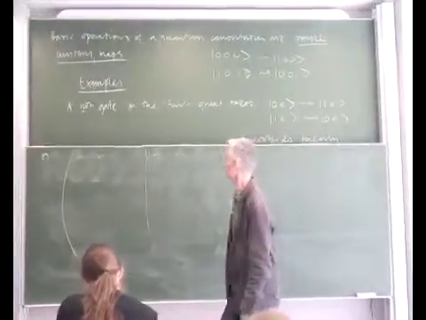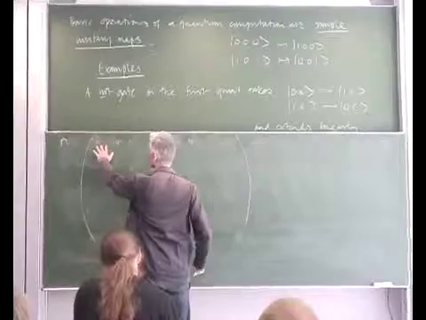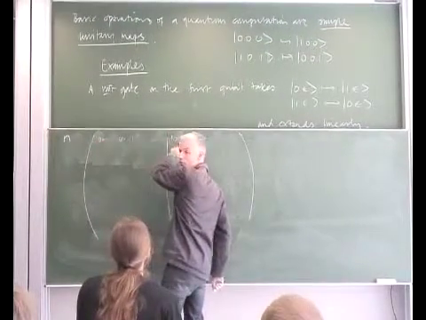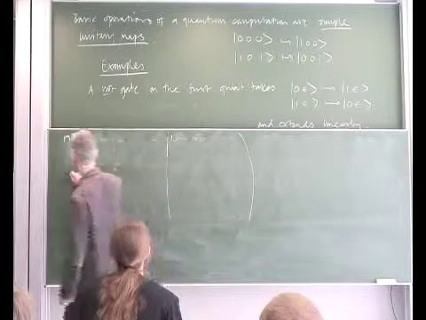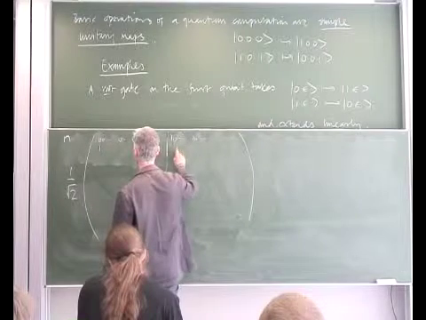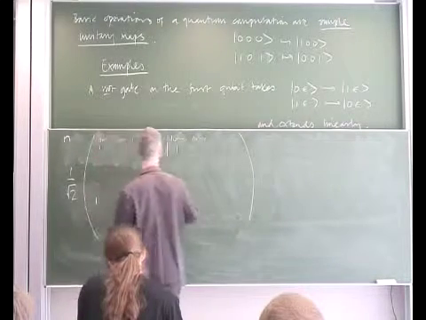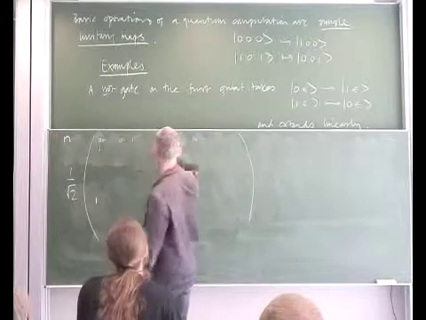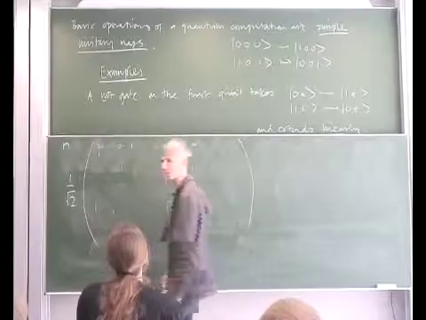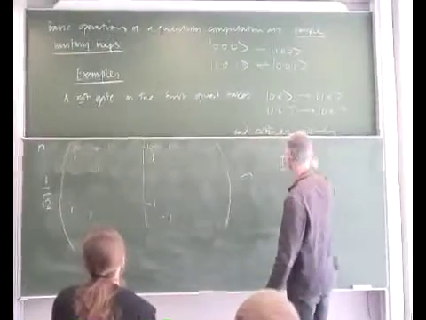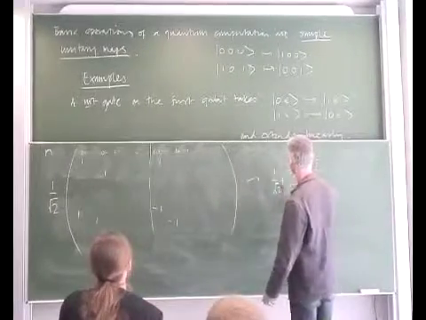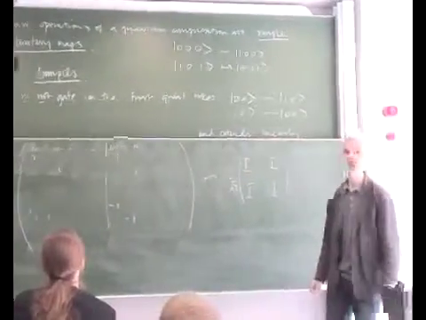The Hadamard gate will say that 0, 0 goes to some superposition of 0, 0, 0 with 1, 0. So we'll get, let's put a 1 over root 2 out here. I'll get 1, 1, 1, minus 1. And then this one's going to be paired off with this one. So I get 1, 1, 1, minus 1. And in general, all going to end up with identity, identity, identity, minus identity. That's 1 over the square root of 2.